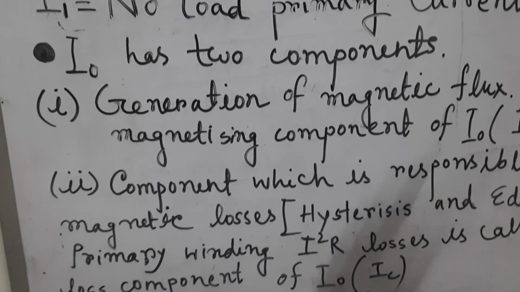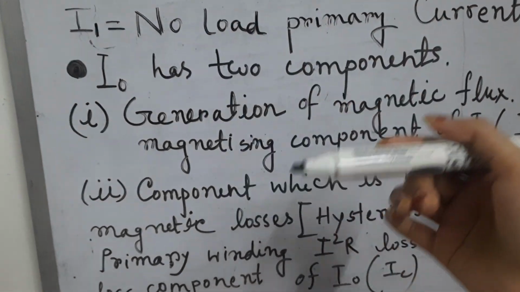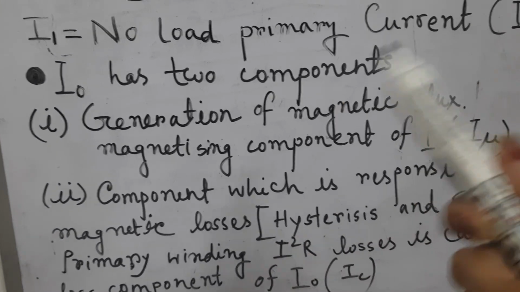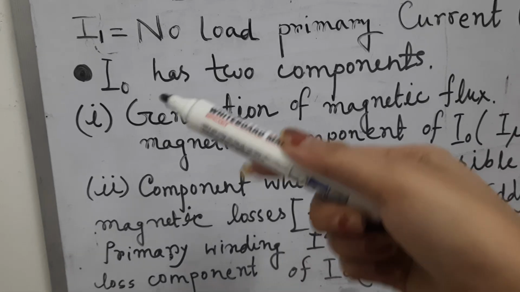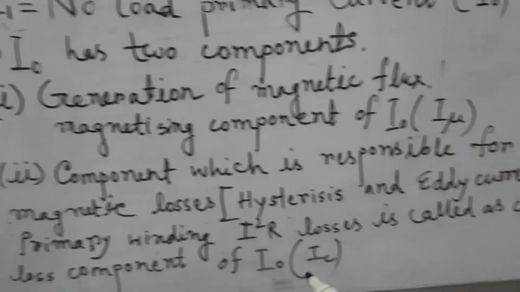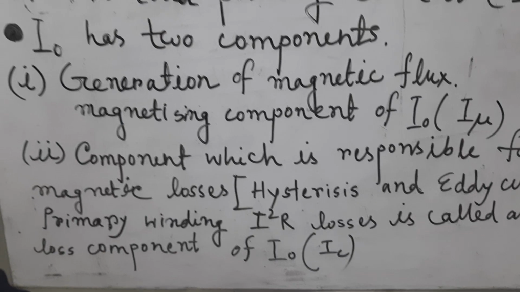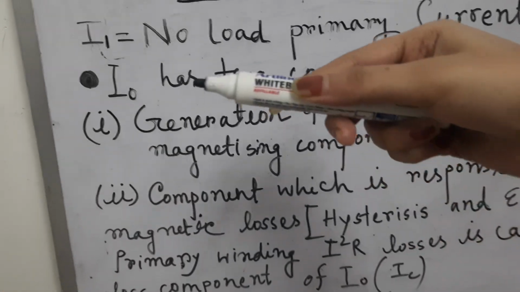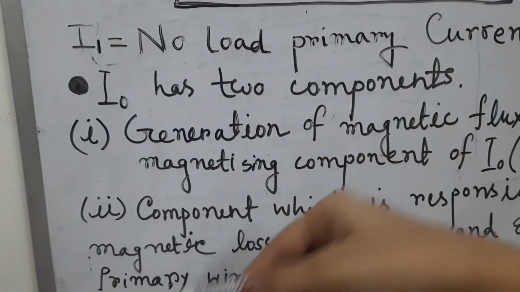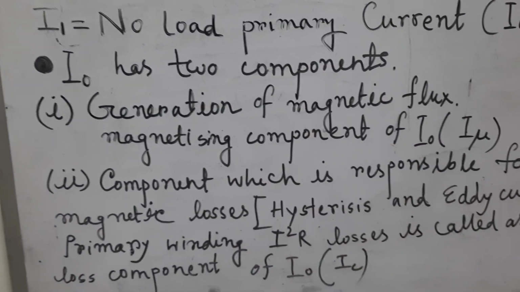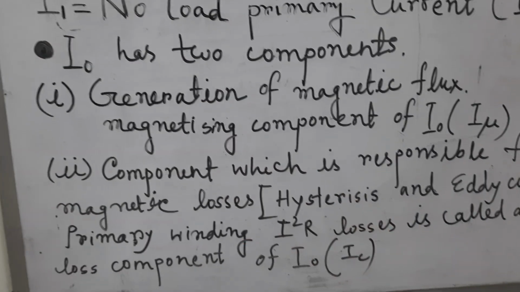So I0 has two components: one magnetizing component and one for iron and core losses.